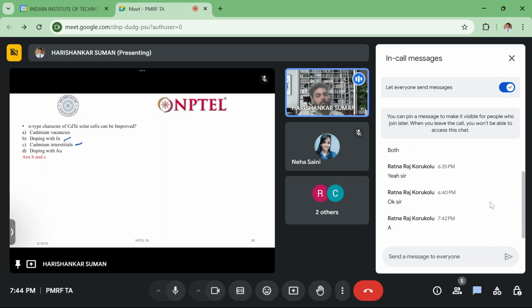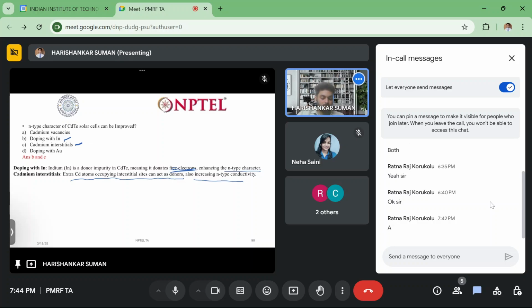This is the explanation. Okay, doping in indium. Indium as a donor impurity donates free electron, enhancing N-type characteristics. Also, the extra cadmium atom by interstitial acts as a donor, increasing the N-type conductivity.